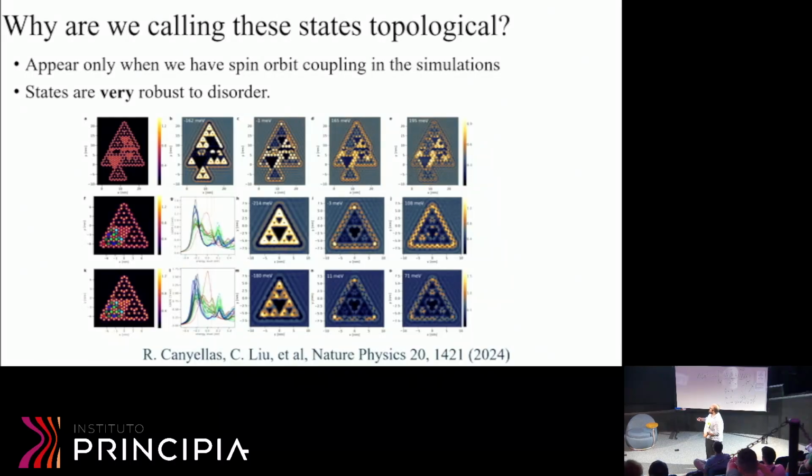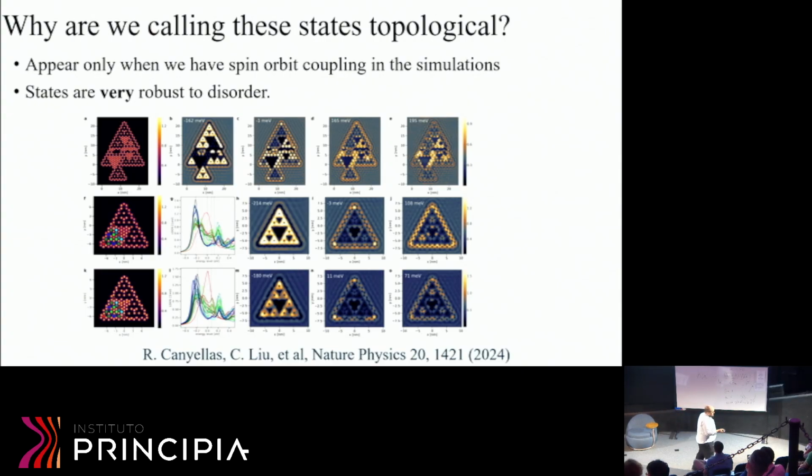We have disorder in the height of the potentials, and we also changed the position of these potentials. I'm not showing the worst case here, but you can go up to about 20% disorder and we still see the corner states and edge states. So it seems quite robust, at least in terms of simulation, even if it's not topological.